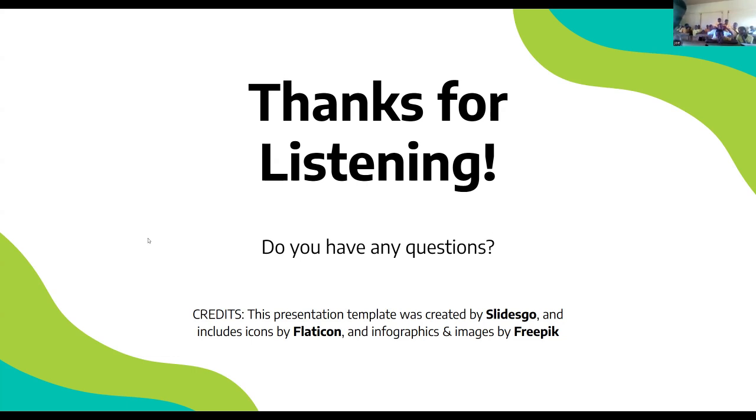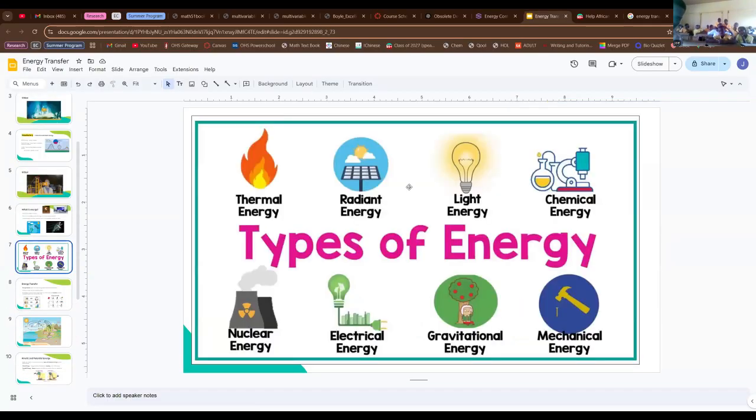So radiant means shining bright. We talked about radiant in terms of radiant energy. That is the energy that comes from the sun. Because the sun is bright, it gives off a type of energy called radiant energy.